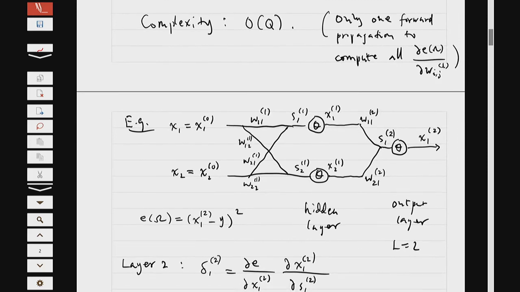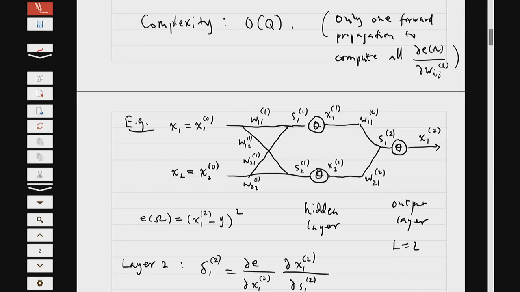So we know that E of omega at the end depends on this whole thing, but how does it go through this whole thing and then depend on this x1? We want to find the relationship between E of omega and x1, or more precisely, the sensitivity of E of omega to x1.